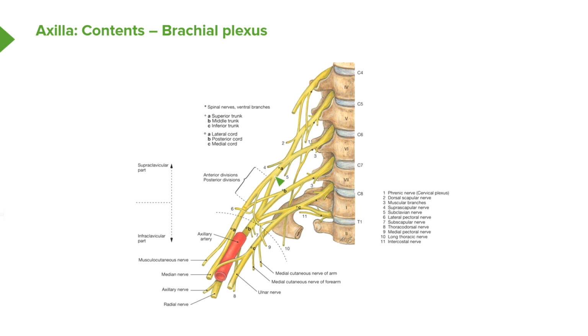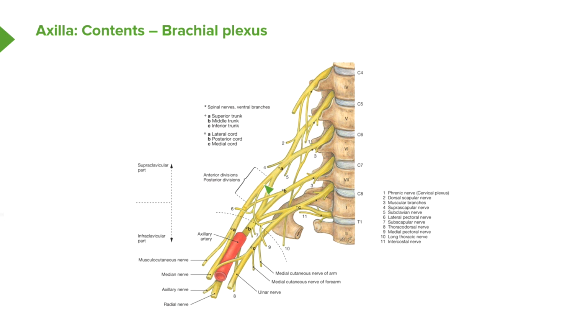We can see it's also dividing into a posterior division. That's going down here. If we look at the middle trunk, it is giving rise to an anterior division. And this anterior division of the middle trunk is going to unite with the anterior division of the superior trunk.